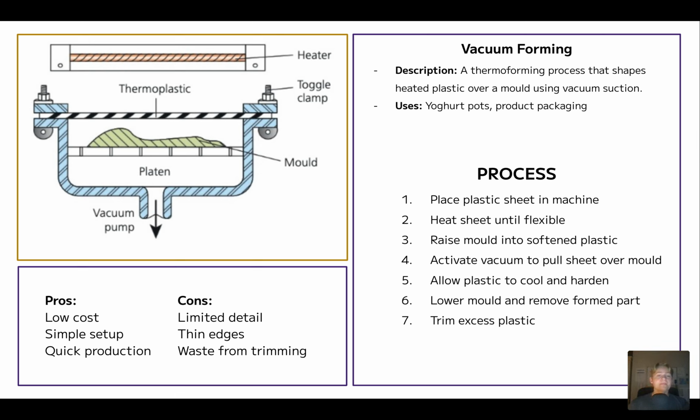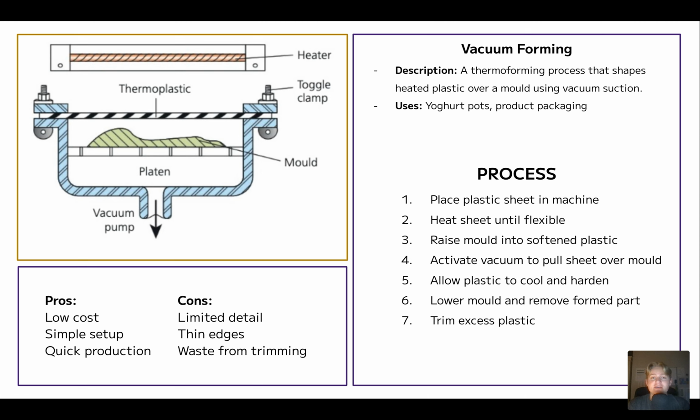The pros of it are that it's very low cost, very cheap to do, and it's also quite a simple setup. Obviously, it's quite a high setup cost to get a vacuum forming machine, but once you have one, it's very easy to swap out molds, and that requires very little tooling.